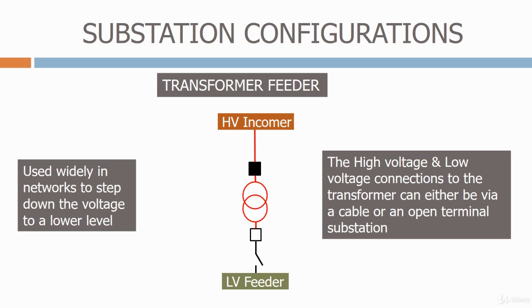This now energizes the transformer. Let's now close the low voltage circuit breaker. Again, we close the isolator before closing the circuit breaker. Power is now flowing from the high voltage incomer through the transformer and through the low voltage feeder.